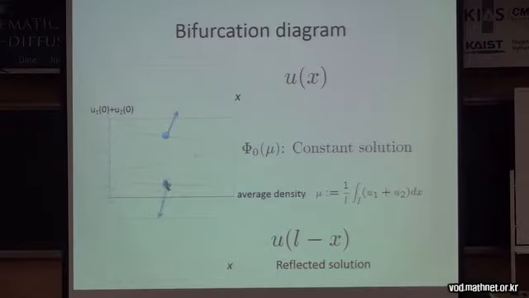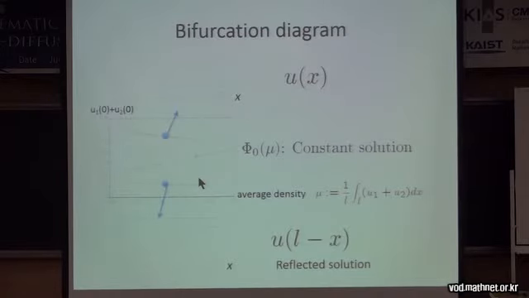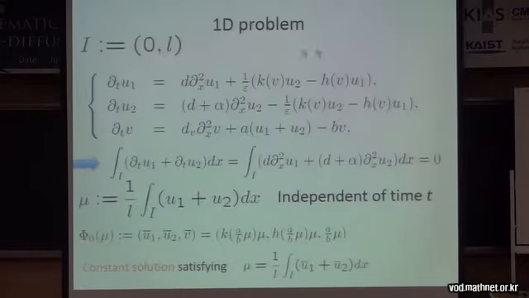Like this, spatially inhomogeneous stationary solutions bifurcate from the constant solution. This is the global bifurcation structure for these equations. In this equation, the total density is preserved.